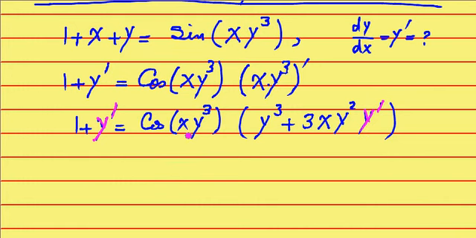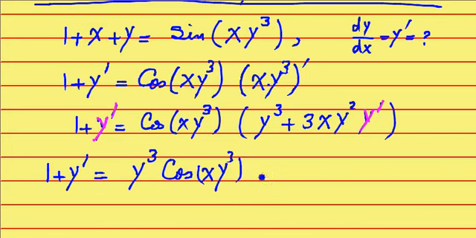Here, I might as well go ahead and open everything up, bring everything to the left hand side. Perhaps that's going to be easier to see. 1 plus y prime. I bring this cosine of xy cubed times another y cubed. Let me just open it on the right hand side as it is. Perhaps that would be cleaner. Cosine of xy cubed. And this one is 3x y squared y prime cosine of xy cubed.